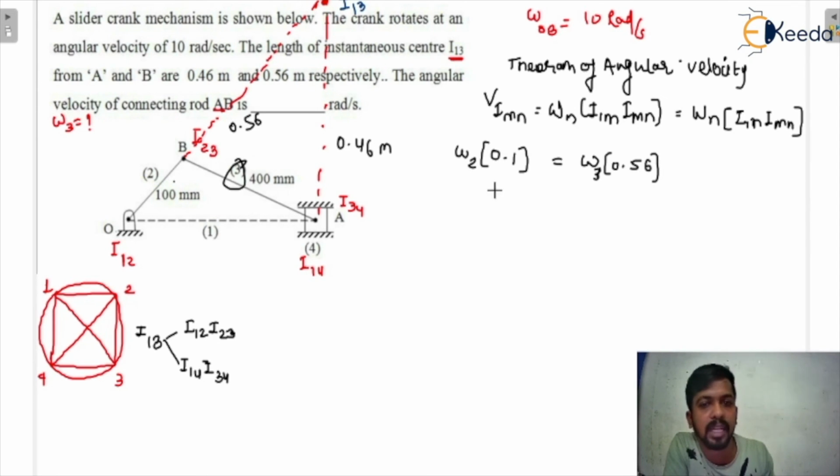Now omega 2 is 10, and when you multiply you will get 1. So finally you will get the omega 3 value, that is 1.785 radian per second.